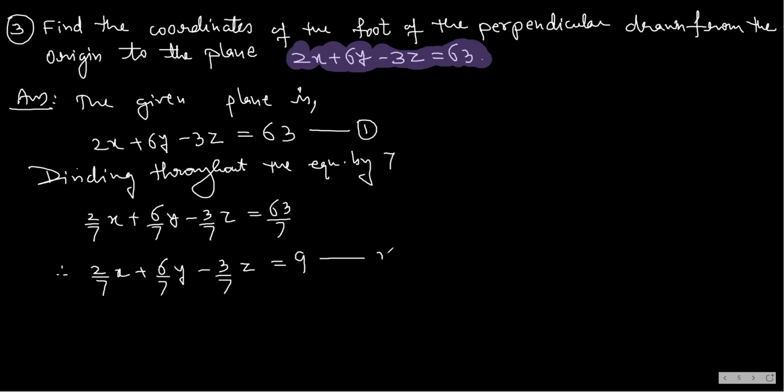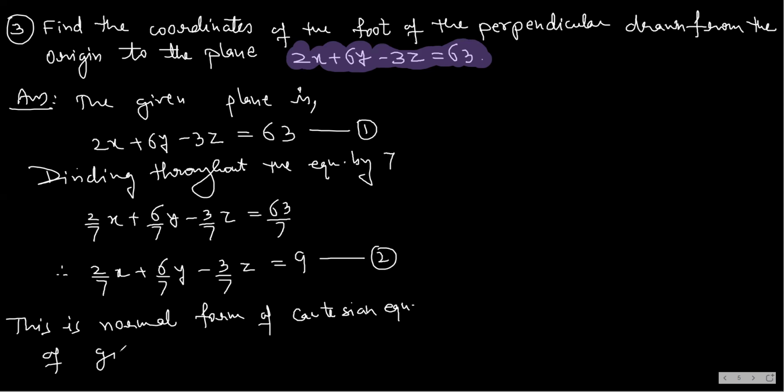Now see, this equation is the normal form of the Cartesian equation of the given plane.